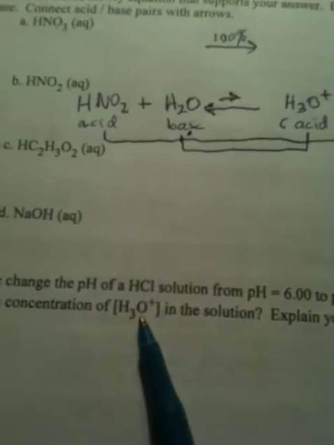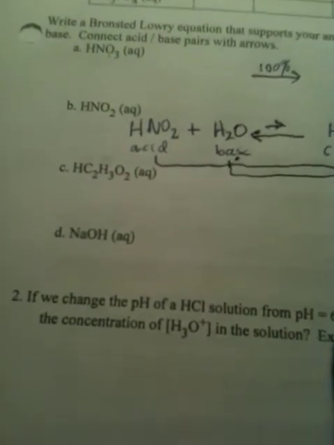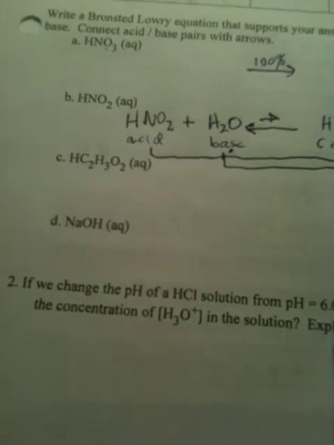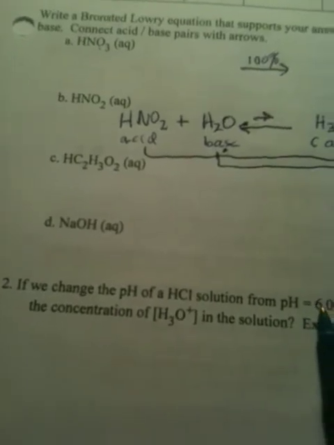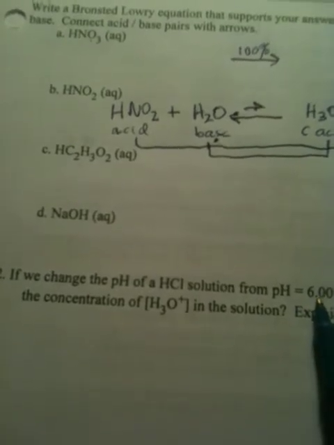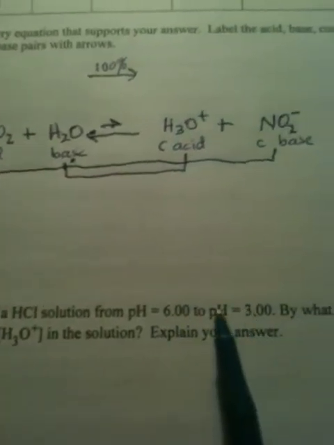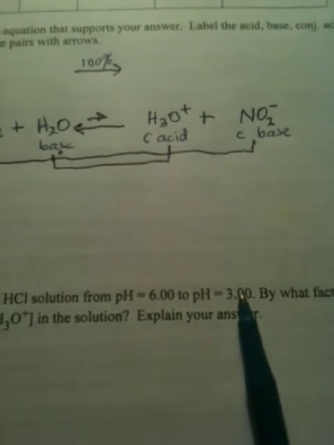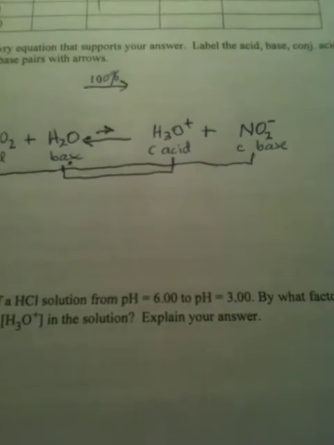They're the same thing. So when we look at the pH, what does each pH unit represent? If the change goes from 6 to 3, we have a concentration that goes from 10 to the minus 6 up to 10 to the minus 3. This question is asking, what is that difference?